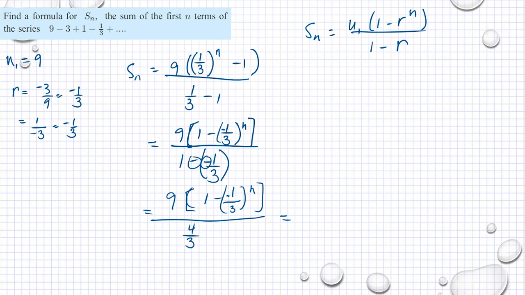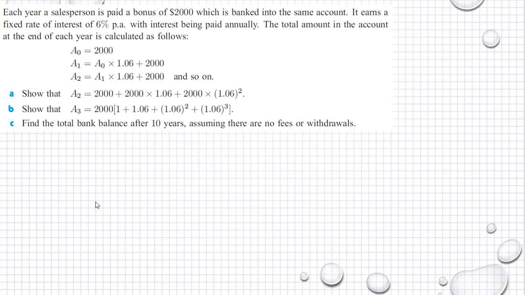So now our formula: we have 9 times 3, because we need to find the reciprocal of that. We have 27 divided by 4 multiplied by 1 minus negative 1/3 raised to n. That's our formula. Another example.